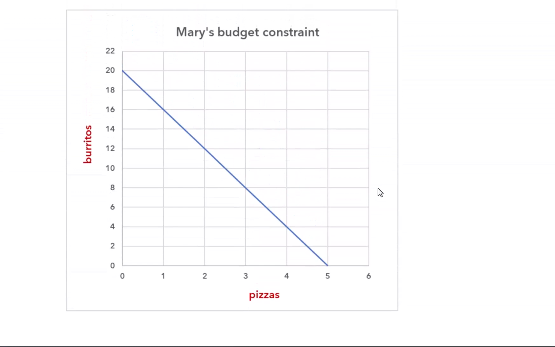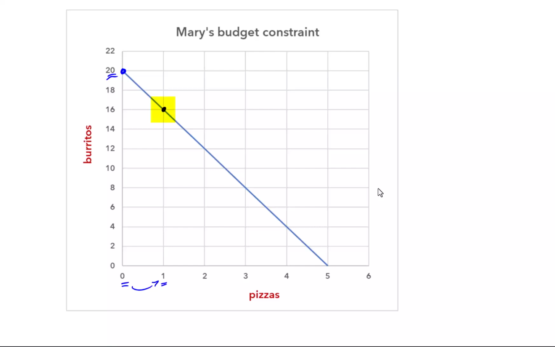Okay, so again, we will imagine that she's consuming at this point here, which is 0 pizzas and 20 burritos, all burritos. And if she decides to go from that combination to a combination that gives her 1 pizza, how many burritos does she have to give up? What's the cost of this 1 pizza in terms of burritos?